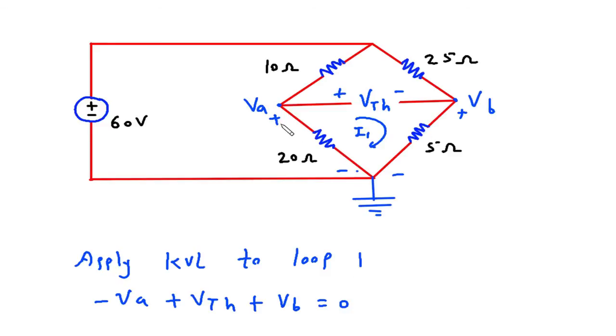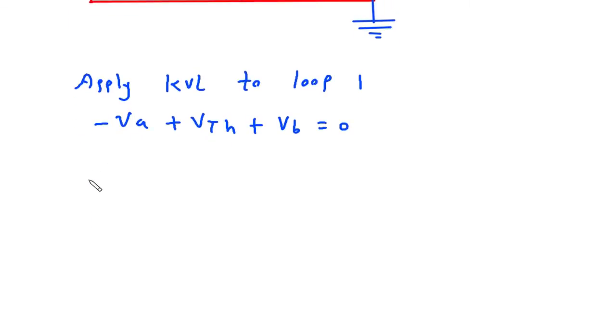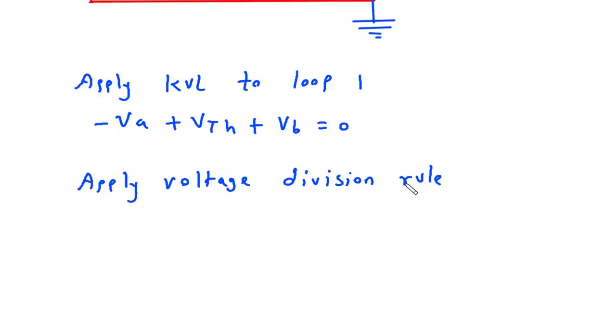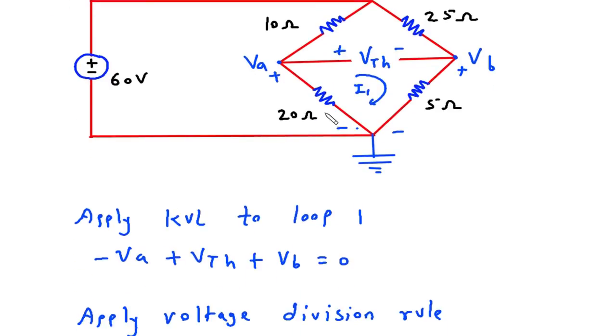Now we have to find VA. VA is the voltage across this 20 ohm and VB is the voltage across this 5 ohm. So we will apply the voltage division rule. According to the voltage division rule, VA is equal to the voltage across this 20 ohm.